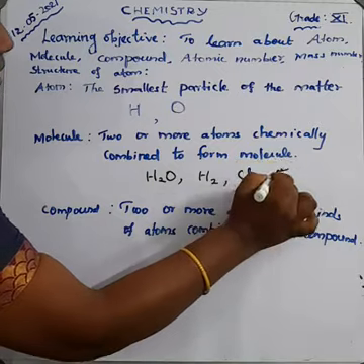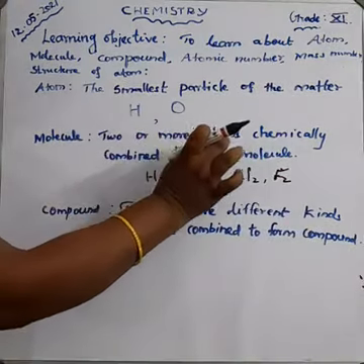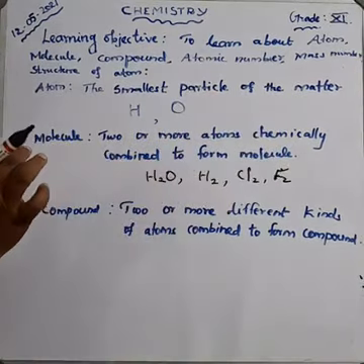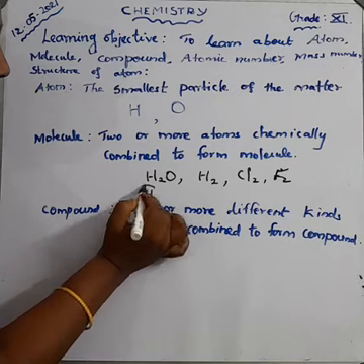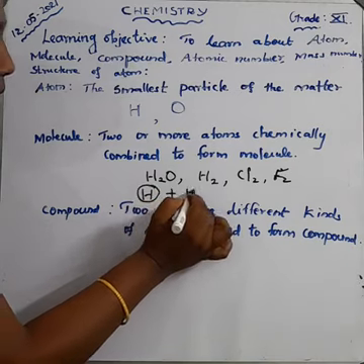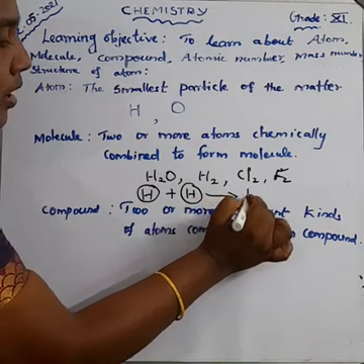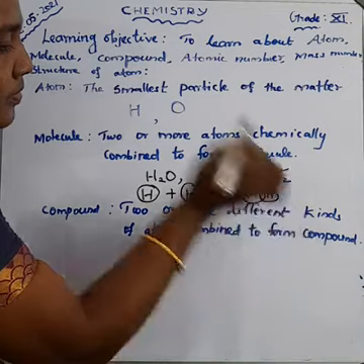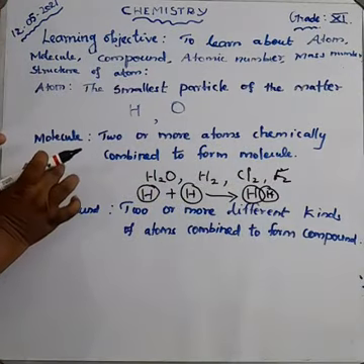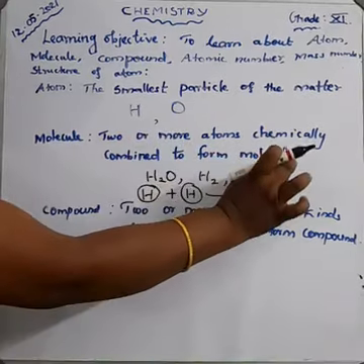These we call molecules. One hydrogen atom combined with another hydrogen atom forms a hydrogen molecule. So molecule means two or more atoms chemically combined to form a molecule.